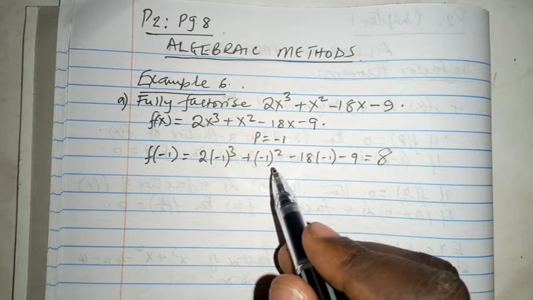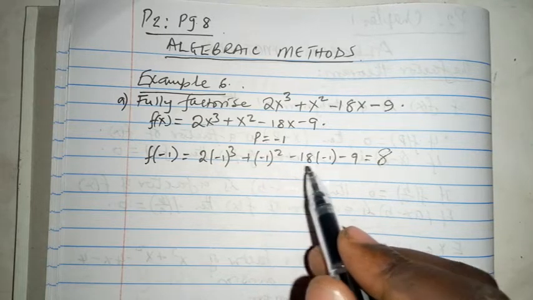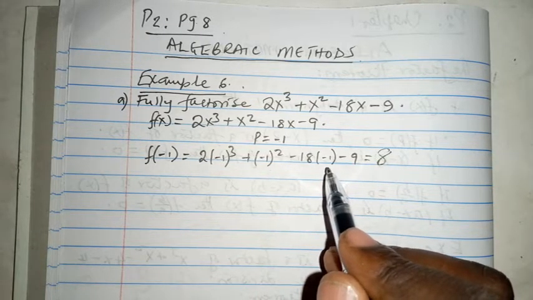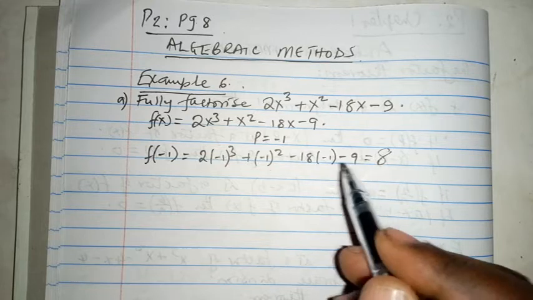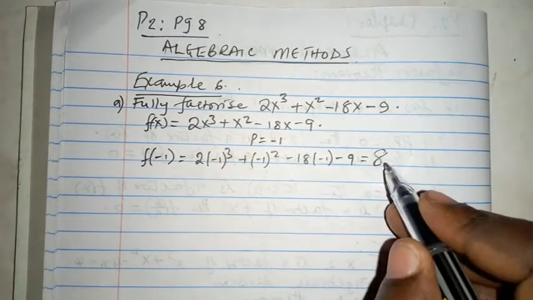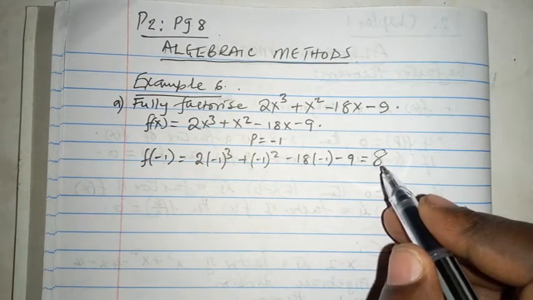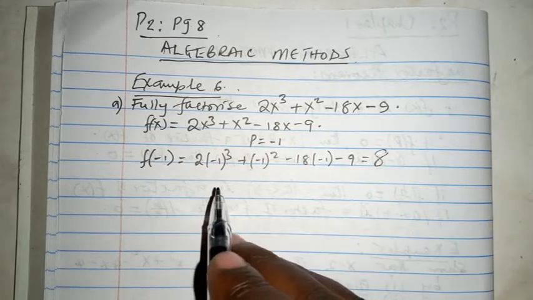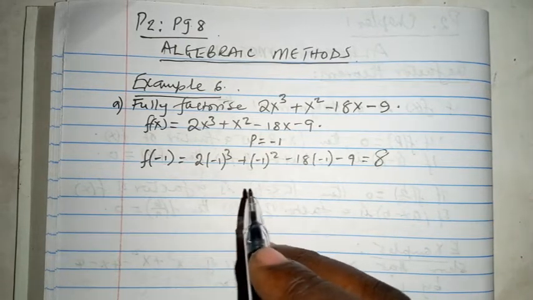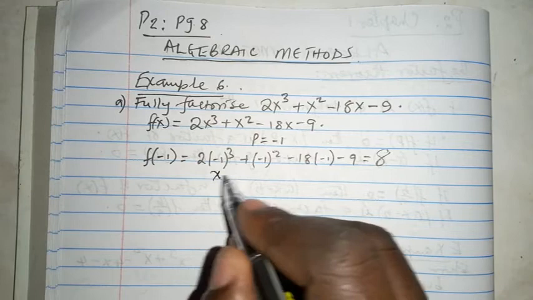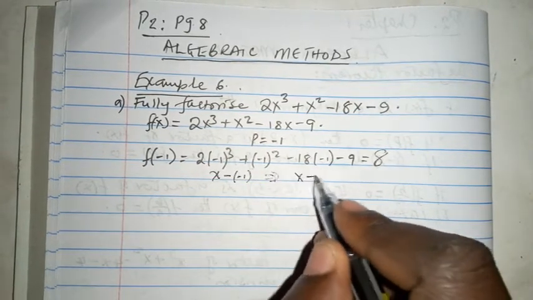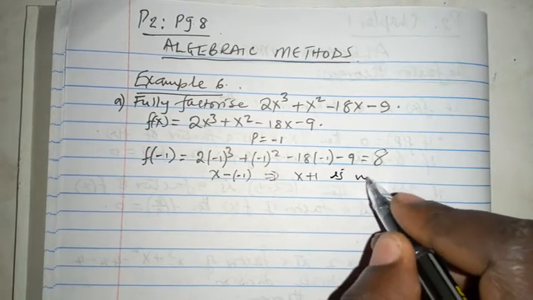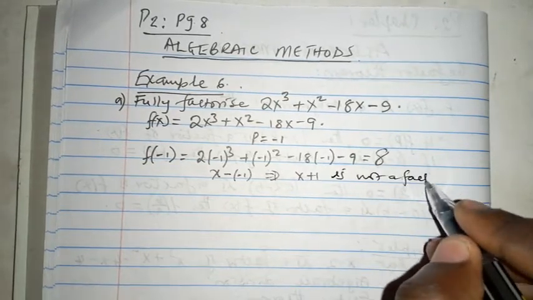This is not equal to 0, so we cannot say x minus -1, which is x plus 1, is a factor.